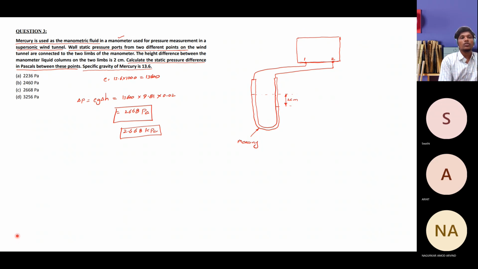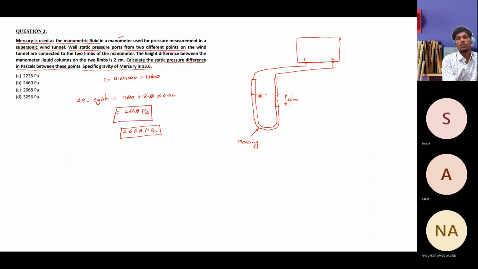Then another question we have is about a manometric fluid. It's basic fluid statics. You have a pressure difference between two ports on the wall of the test section, port one and port two, and these two ports are connected to a U-tube manometer.